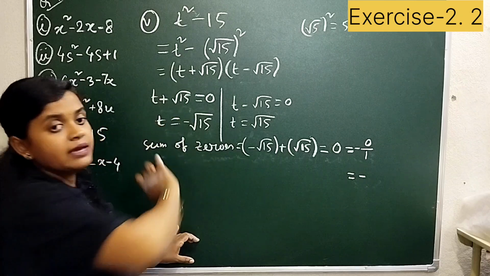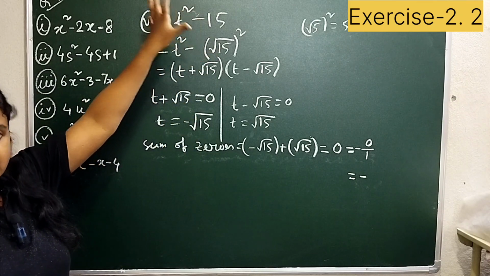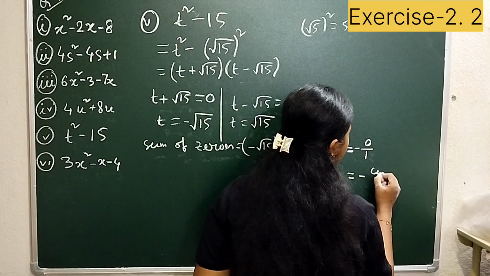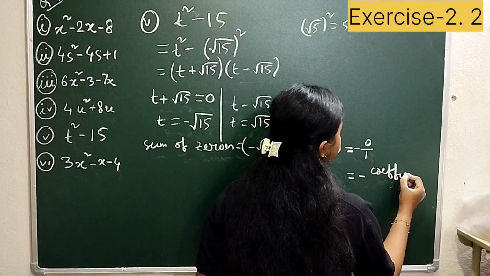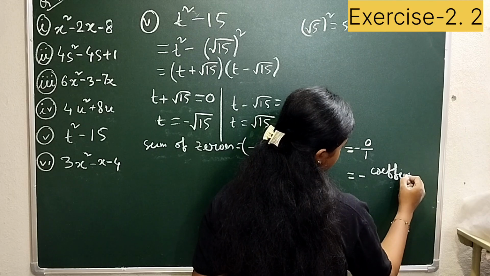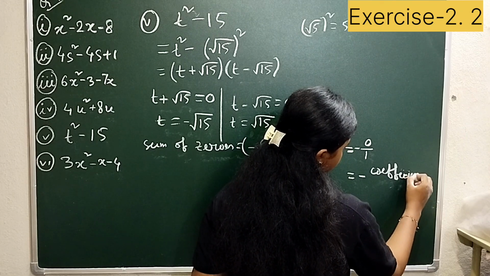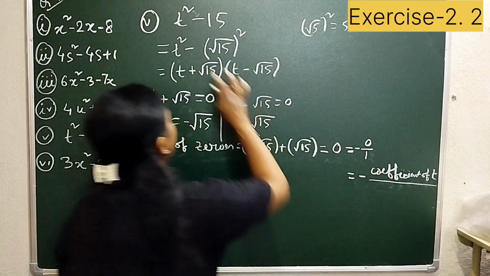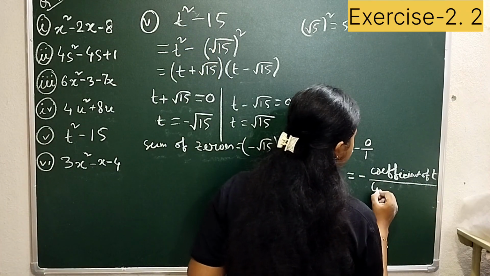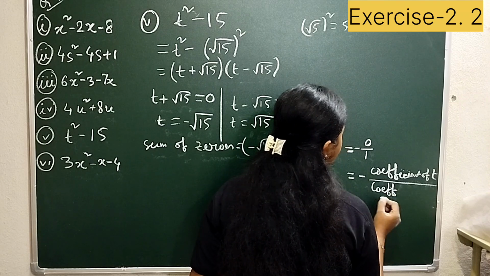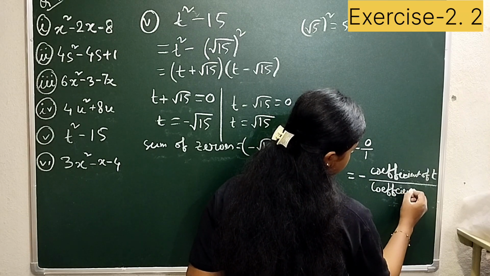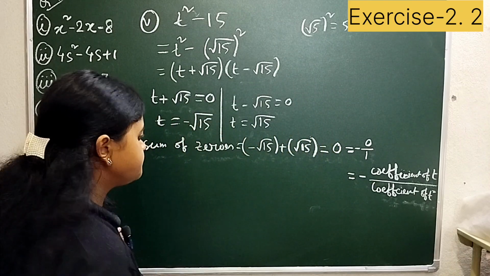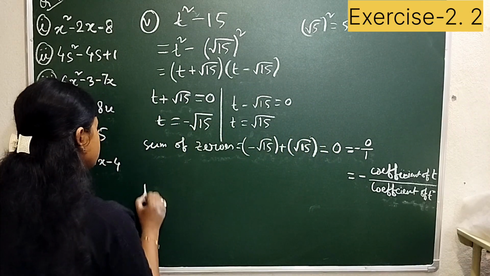Here the term t is not present, that means the coefficient of t is 0. So minus coefficient of t divided by coefficient of t square.